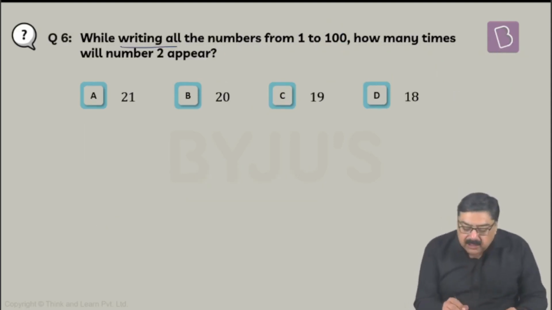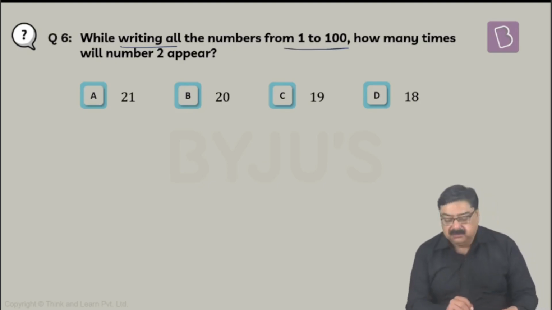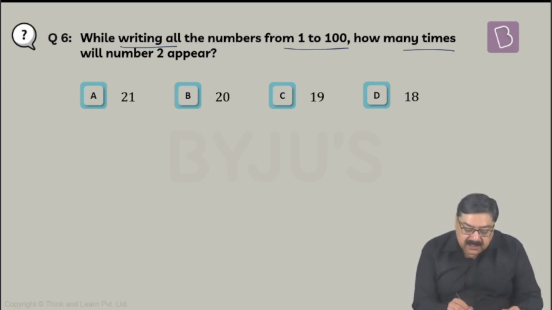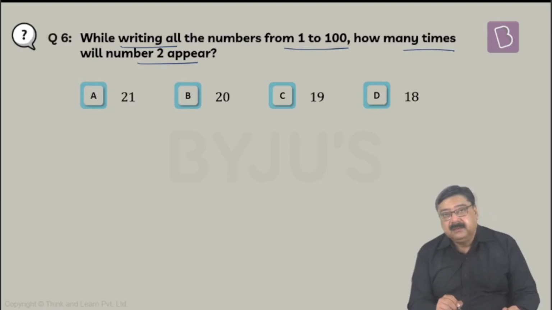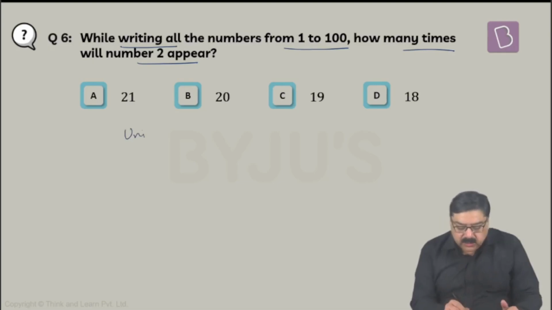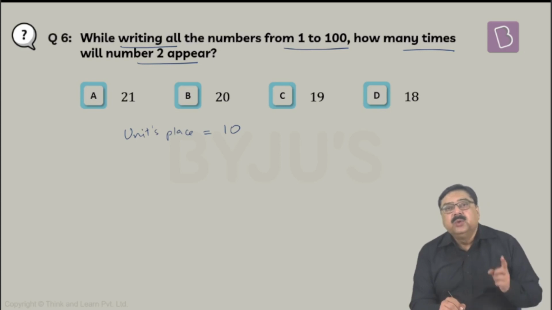Now, while writing all the numbers from 1 to 100, how many times will number 2 appear? Now, the number 2 will appear in the units place and it appears in the tens place also. So, in the units place, it appears 10 times: 2, 12, 22, 32, 42, 52, 62, 72, 82, 92, these 10 times.